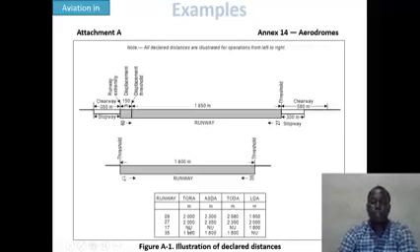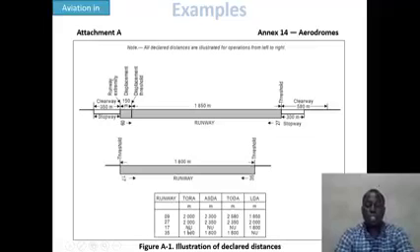For example, if in one direction the runway is not usable, you will not be able to define the LDA. Here, for example, on runway 35, the LDA is not defined.